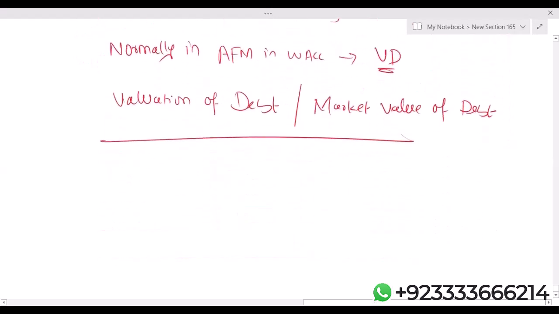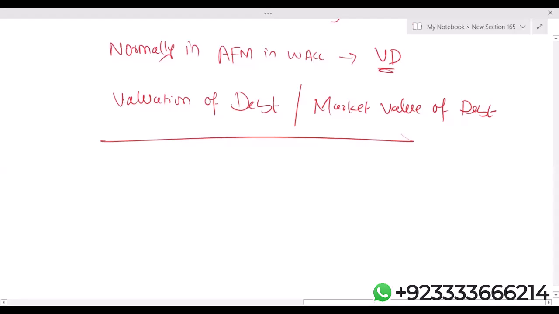Valuation of debt means market value of debt. Simply, what is the market value of my debenture at a stock exchange? What is the market value of my bond at a stock exchange? I really want to find out if it is not given.